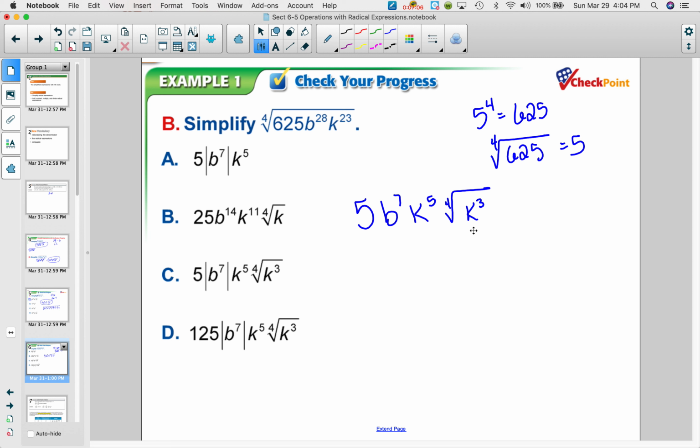So we get this. However, we have an even root. And for the b to the 28th, we had an even root, an even power, but my answer had an odd power. That was the situation where we needed absolute value in that previous section we talked about. Now I don't need it around the k to the 5th because even though this was an even root, this was an odd power.